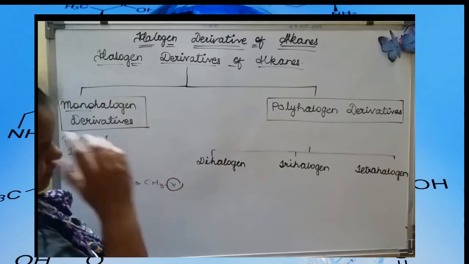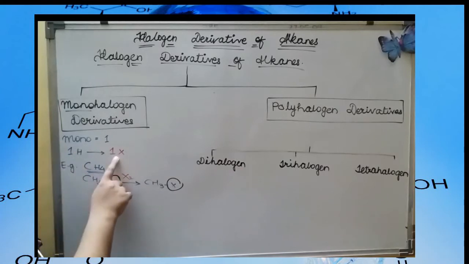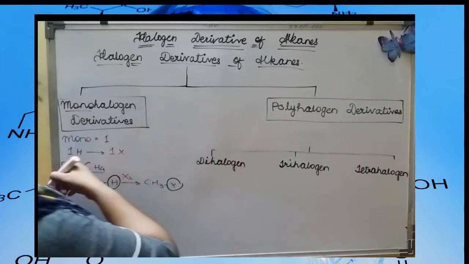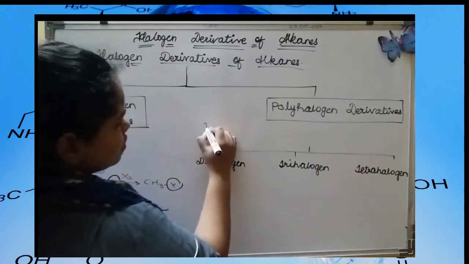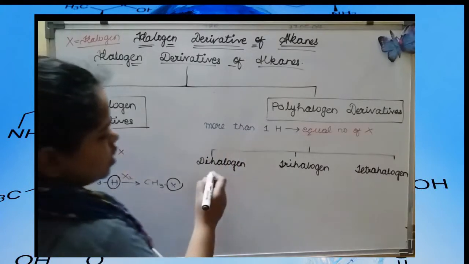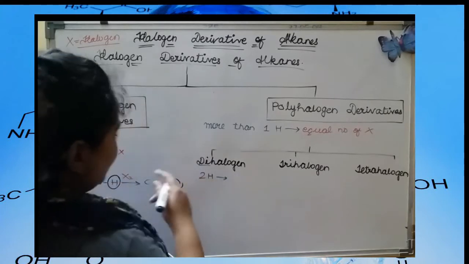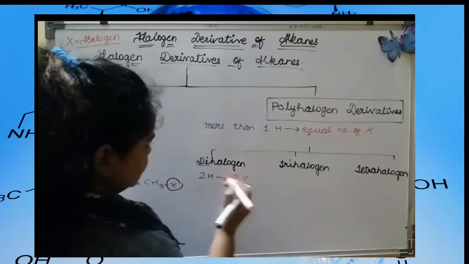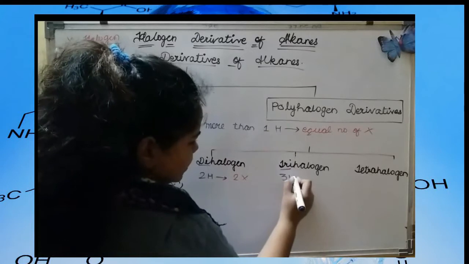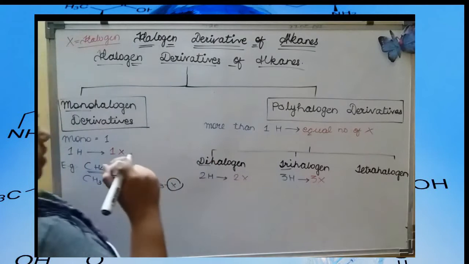Polyhalogen derivatives are the derivatives in which more than one hydrogen atom is replaced by an equal number of halogen atoms. I will write it down here. Di means 2, so 2 hydrogen atoms are replaced by 2 halogen atoms. Tri means 3, so 3 hydrogen atoms are replaced by 3 halogen atoms.